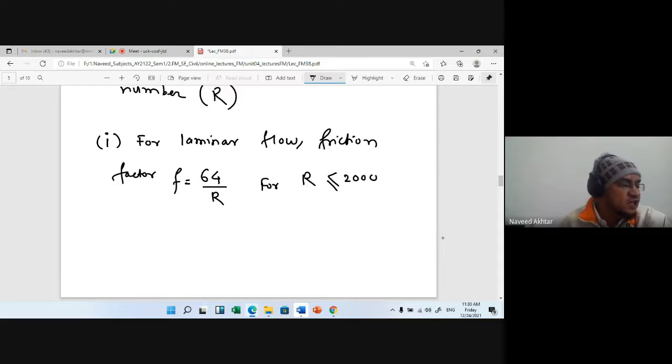And R value less than or equal to 2000 is nothing but the laminar flow.